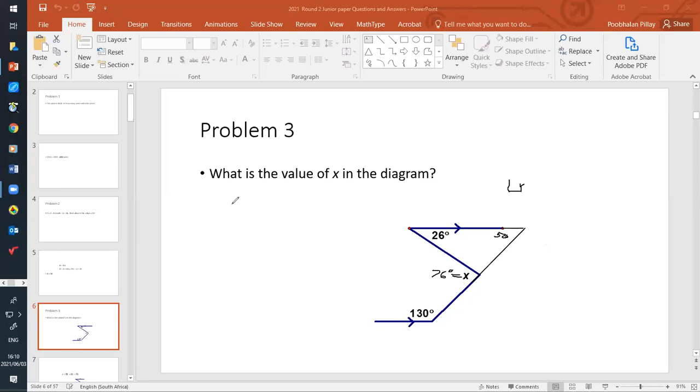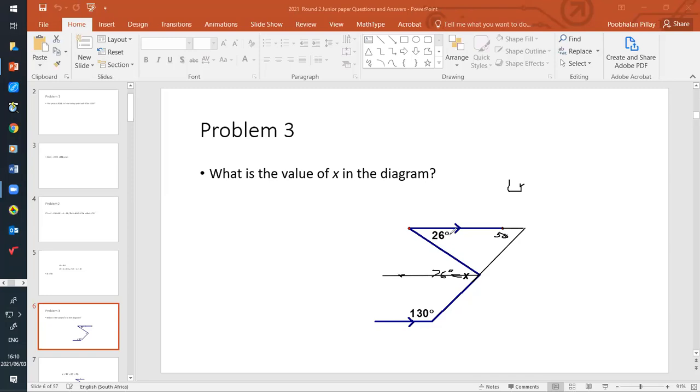There is another way of doing this. We performed this particular construction, but we could have constructed a third line parallel to the 2 given ones. So we could have drawn a new line here, which is parallel to the 2 parallel lines.